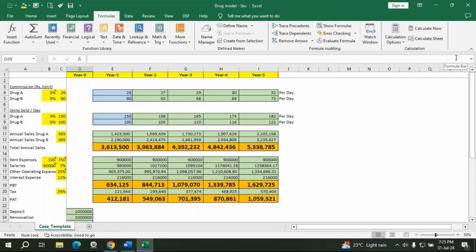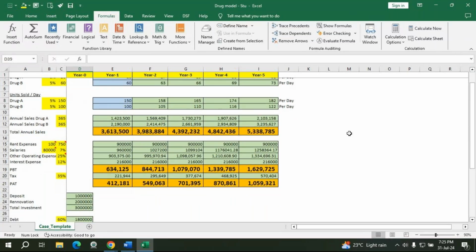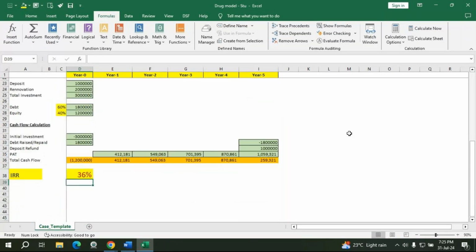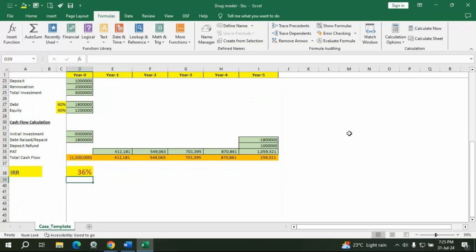No doubts, right? I hope everybody got the answer. So when it is in the positive value, definitely he can go ahead with the business. Okay, so we'll wind up the session.